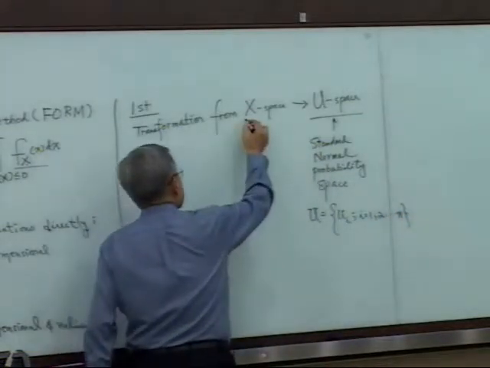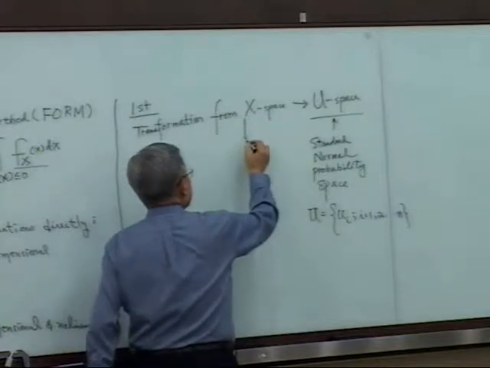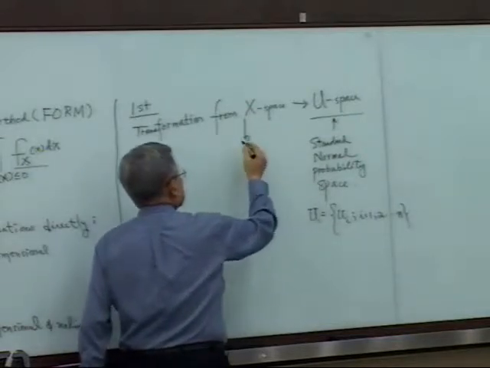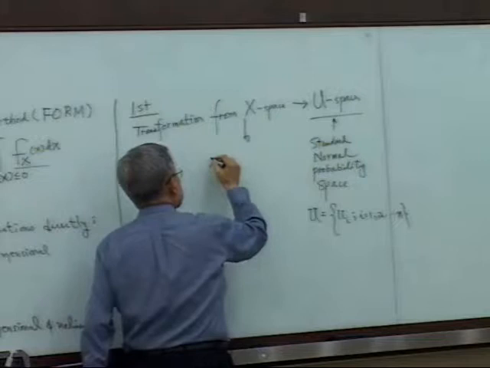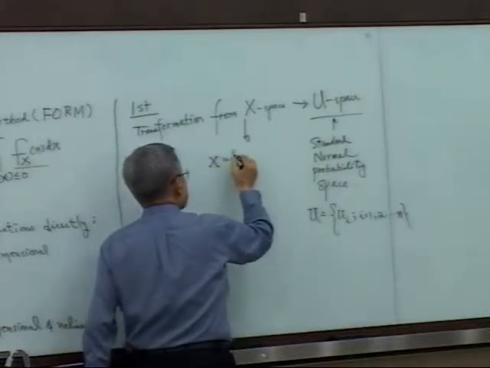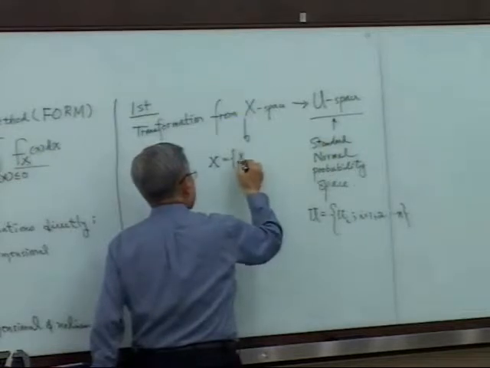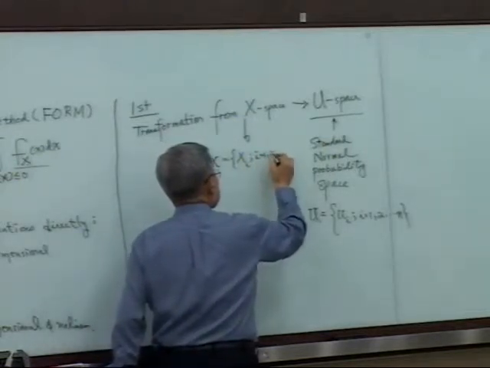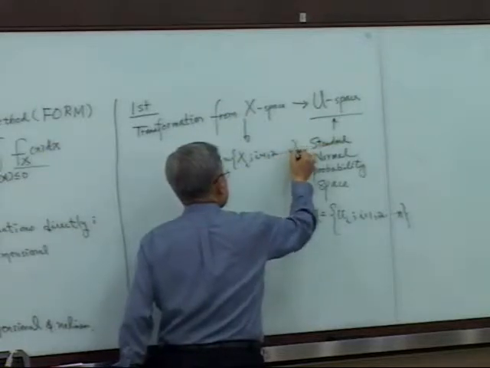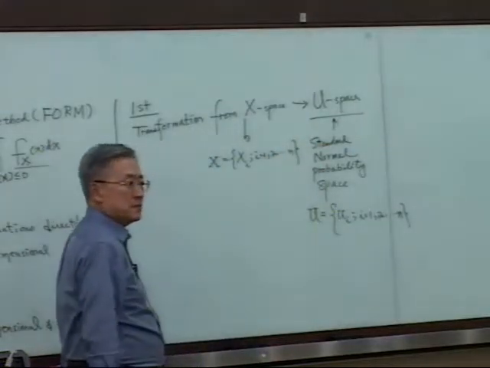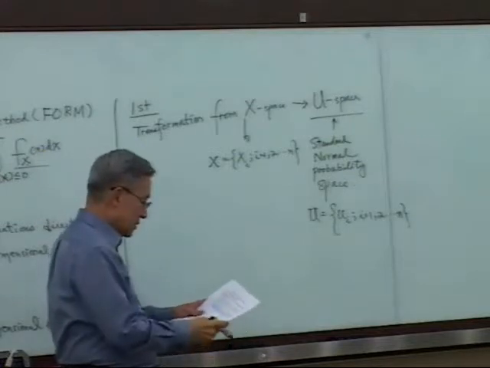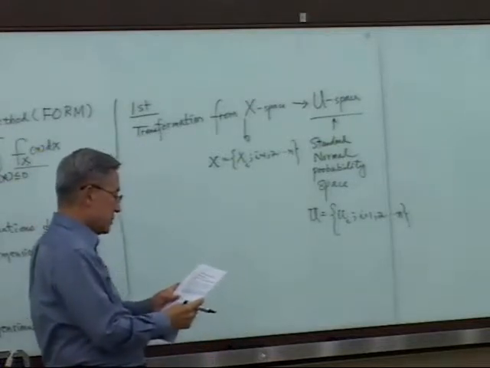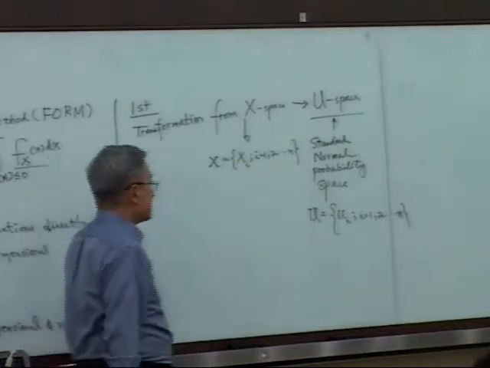For the X space, it is simply the X random variable equal to Xi, i equals 1, 2, all the way through N variables. N could be 10 or 20 or 30 and whatever.